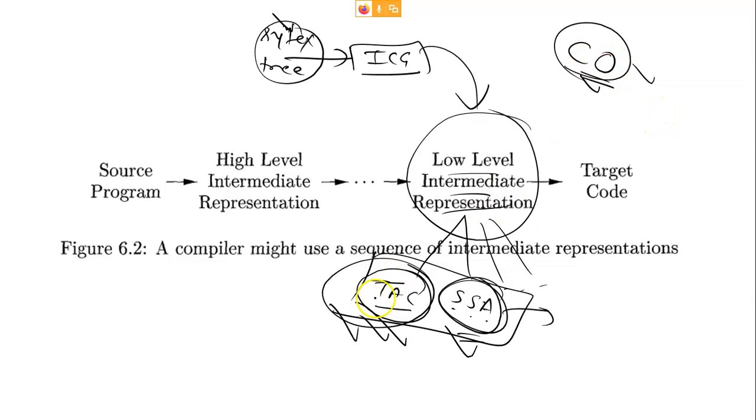That's why whenever you study compiler optimization, you will see that they use TAC or SSA. So our focus today will be on 3 address code and on SSA, mainly on SSA. Okay, so let's see.